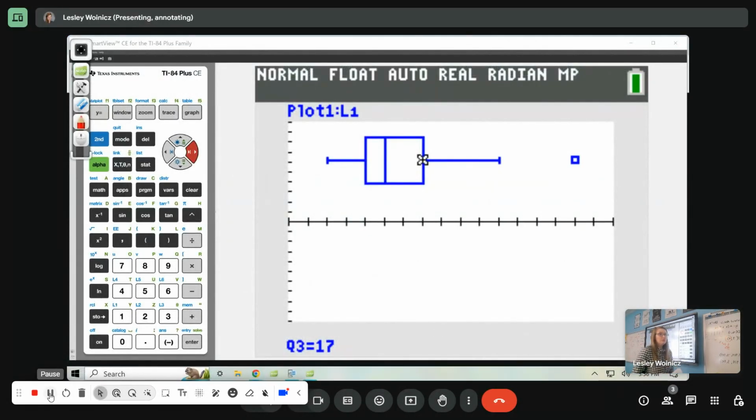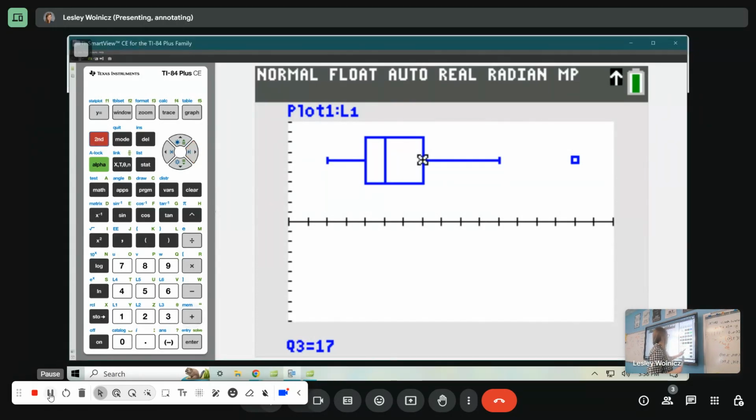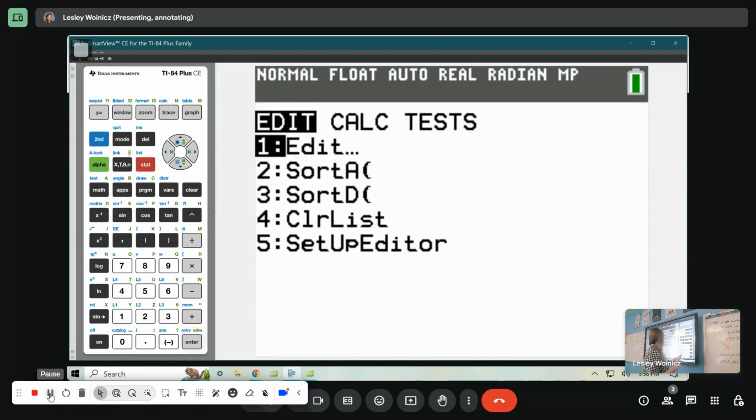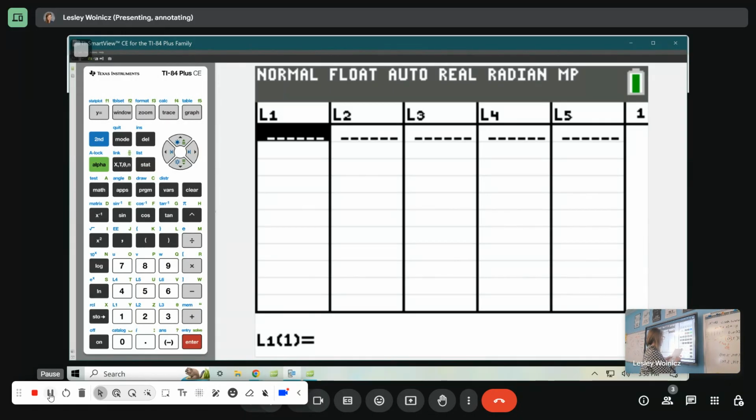I am going to clear and reset all of my memory because who knows what I have stored in here, because my algebras are also using these calculators. And I'm going to do second plus 712.